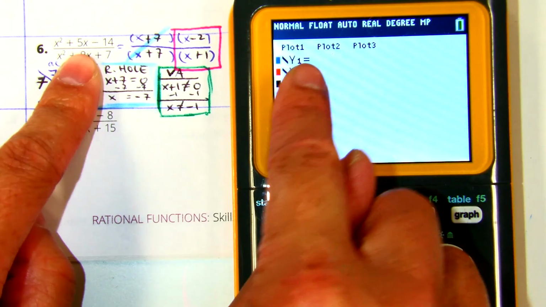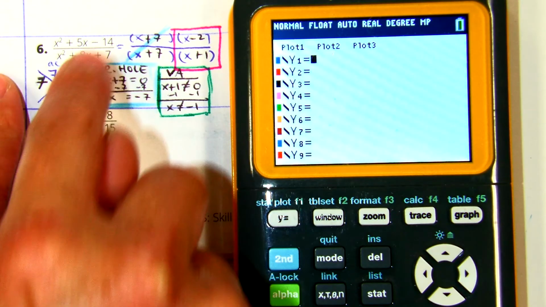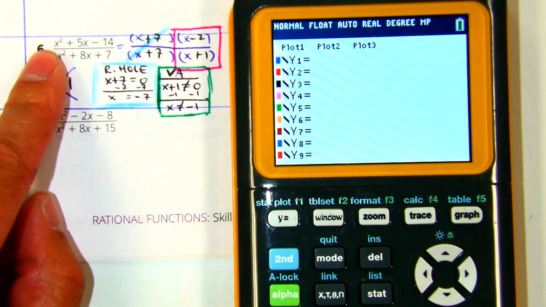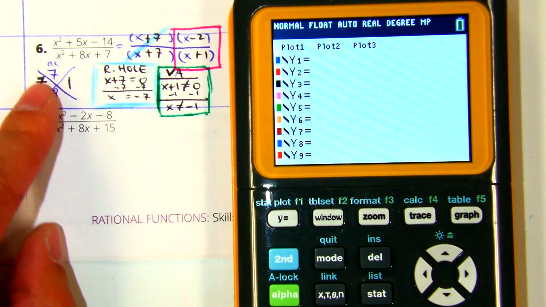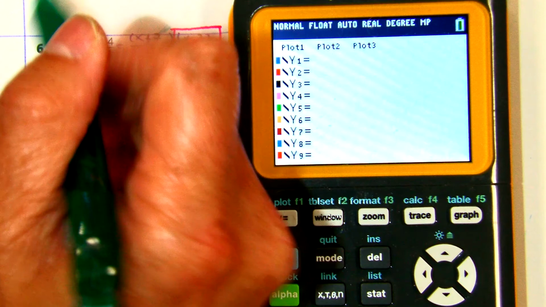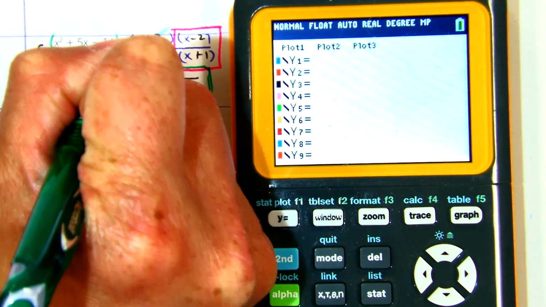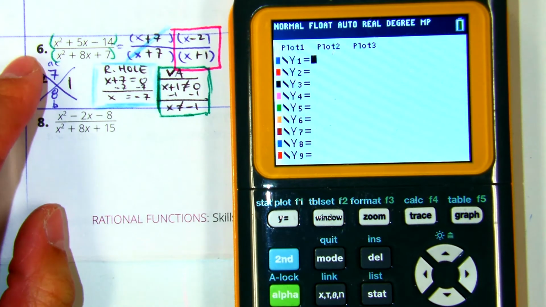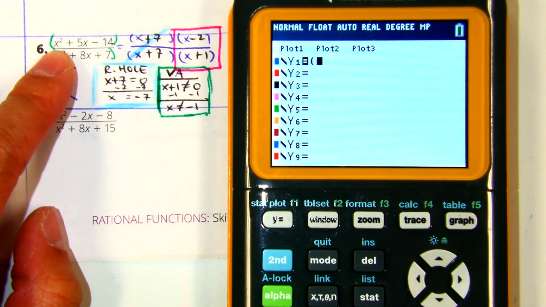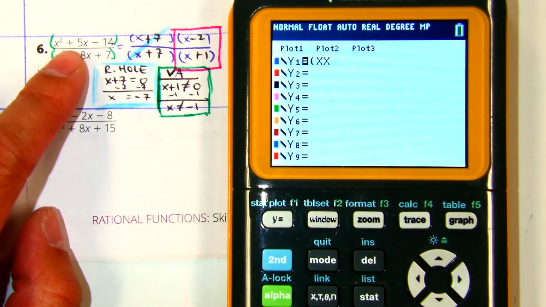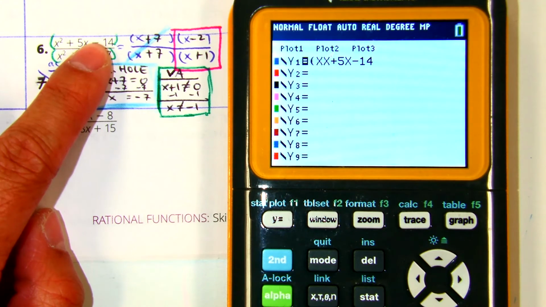I think in Desmos you can graph two different functions. So what I'm going to do is type in all of this over here, and I'm going to use an extra set of parentheses. Let me show you how I would type this in. Parentheses, x squared, so just type xx, plus 5x minus 14, close the parentheses.